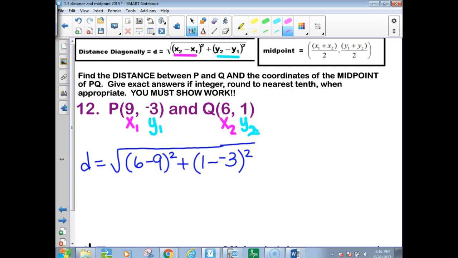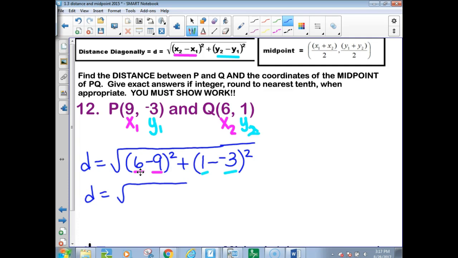Again, these were my x's. These were my y's. Okay? Next is calculator time. I'm going to type this in the calculator, but I'm not going to put the square root. I've got to be honest, some people would get it right if they did the whole thing at once, but too many people get it wrong when they do it all at once.